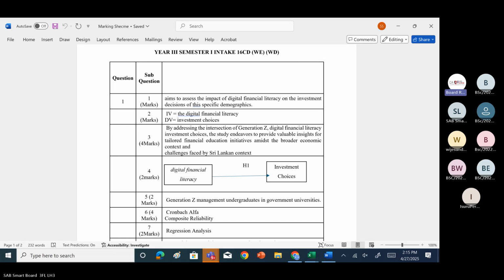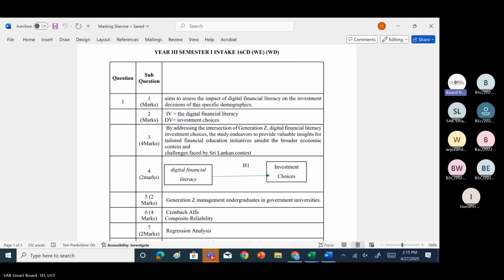So what is the first answer? Yes, the objective is to identify, or else to analyze, the impact of digital financial literacy on the investment decision of the specific demographics. Right.